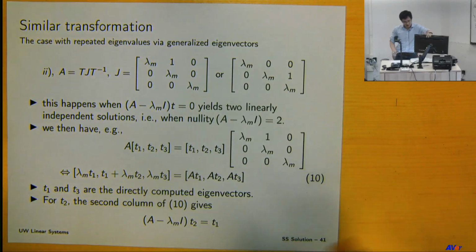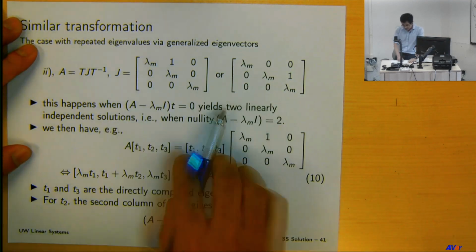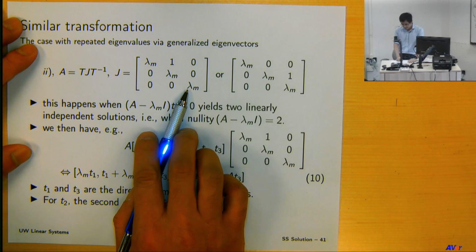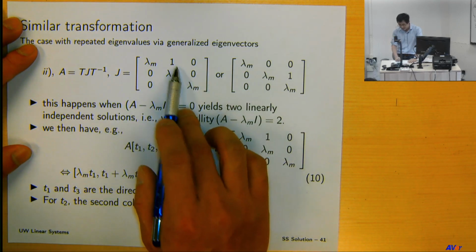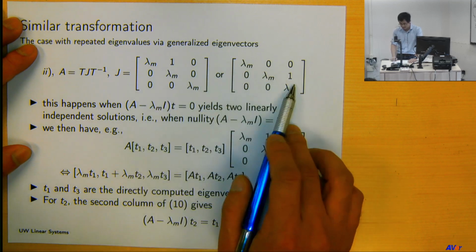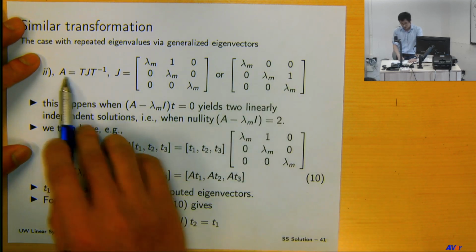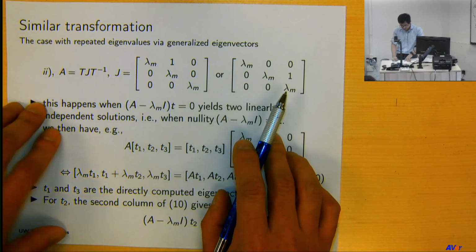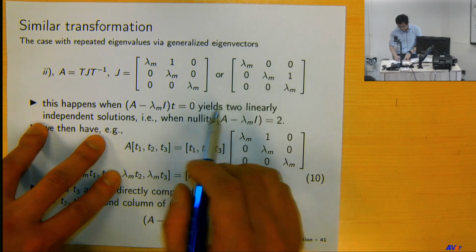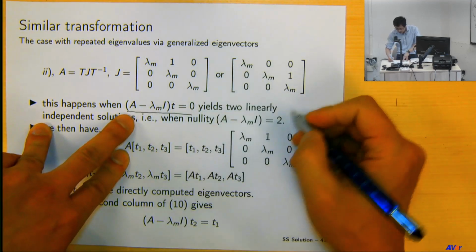That's the first case. The second case is you have 3 repeated eigenvalues, and then the Jordan form may happen to be like this or this. So let's see under what circumstance this will be our choice of Jordan form. This happens when I still want to construct T, right?